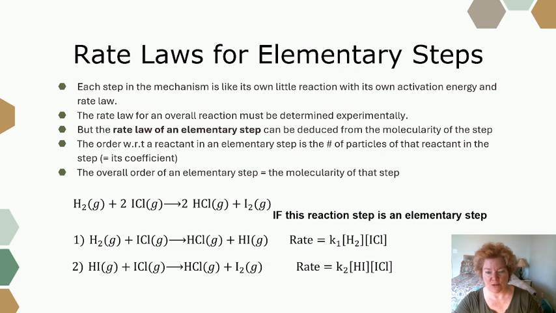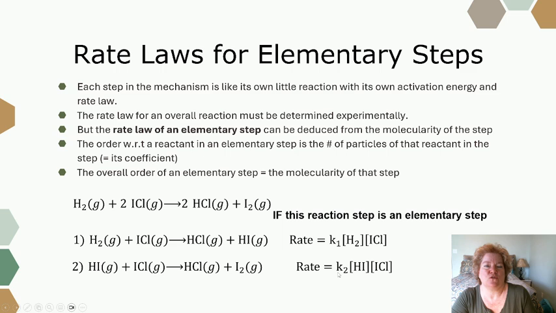If we have an elementary step, so if this is an elementary step, then the rate would be k times the concentration of H2. Since there's just one of them, its order would be 1. And the concentration of ICl, since there's only one of them, so these orders are 1. Same thing in the second reaction. It's a different rate, so it's a different step.